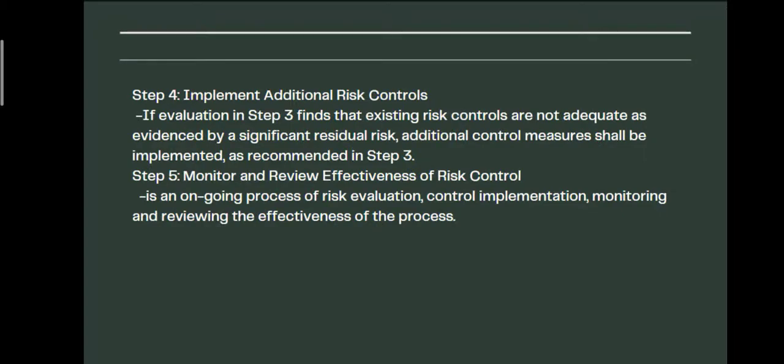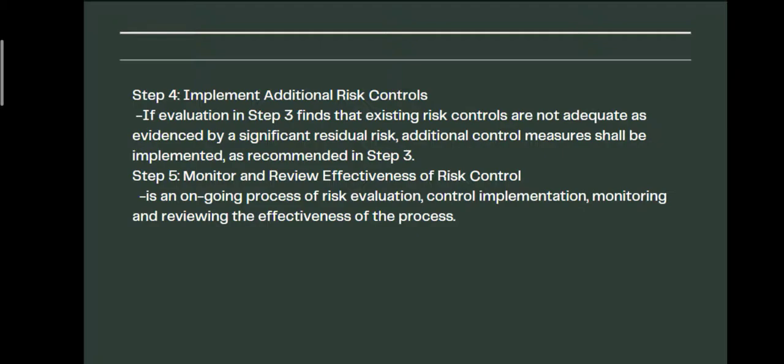For step 4, which is implement additional risk controls, it states that if the evaluation in step 3 finds that existing risk controls are not adequate, as evidenced by a significant residual risk, additional control measures shall be implemented as recommended in step 3.